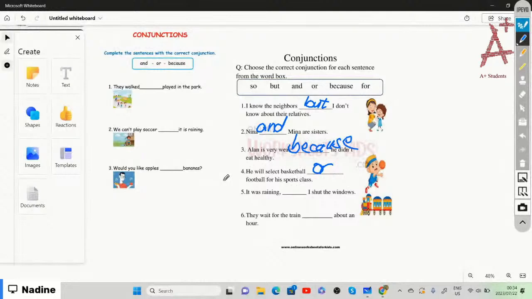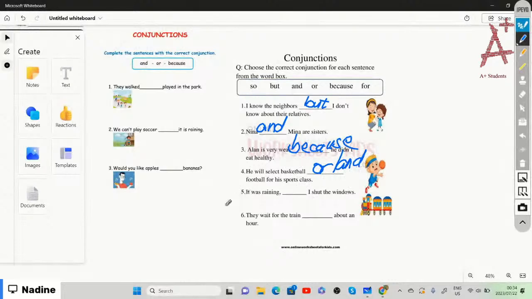So in this case, you can add either of the words. So it is either or, or we can say and.